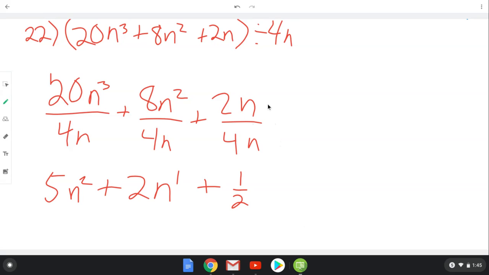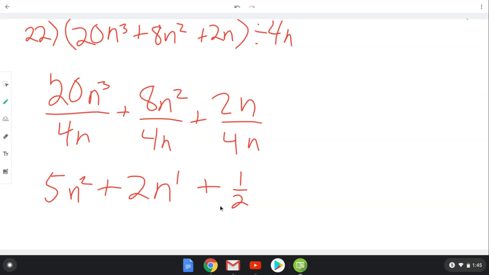Or another way of thinking that is it would be n to the 1 minus 1, which is n to the 0. N to the 0 is just 1. So that just goes away. We don't need it. If there were no numbers here, then you would just write 1, right? Because n to the 0 is 1. But since it'd be 1 times a half, we don't have to write it. So this would be our final answer.